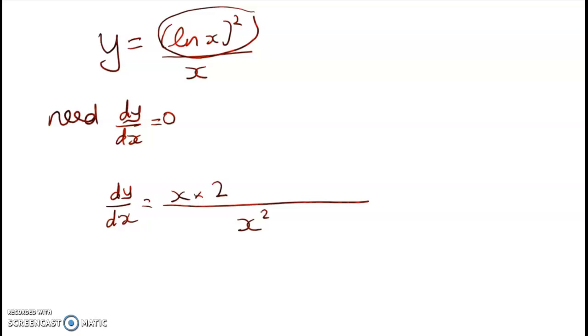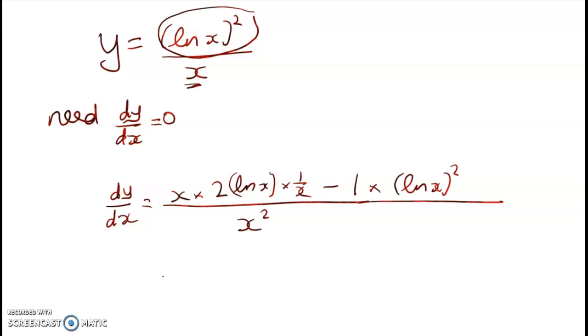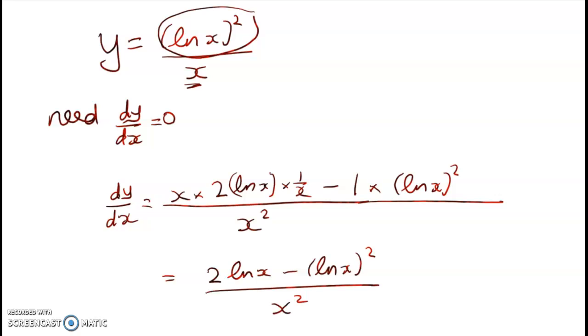So it's going to be 2 times ln of x times 1 over x, doing the chain rule on that, minus the derivative of this, so minus 1 times the natural log of x squared.